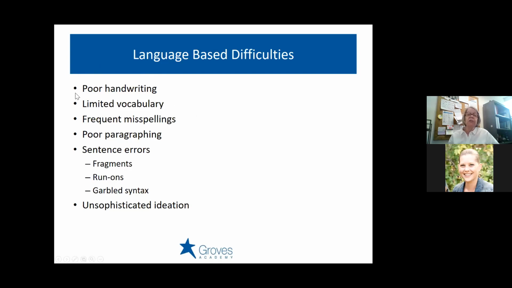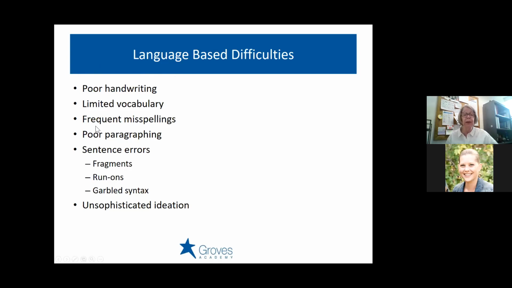Definitely. Oftentimes, for those who have some receptive or expressive language difficulties, limited vocabulary will narrow the word choice and make expressive writing more difficult.